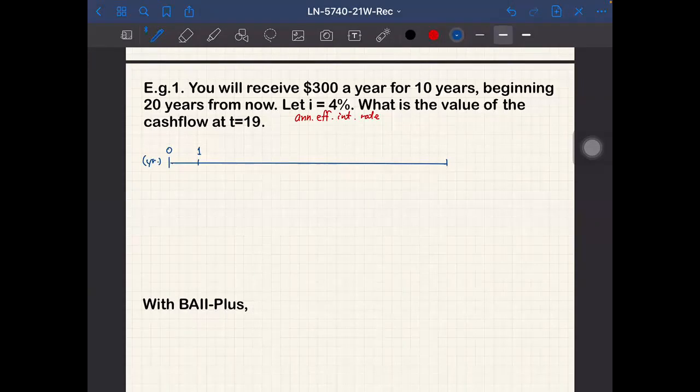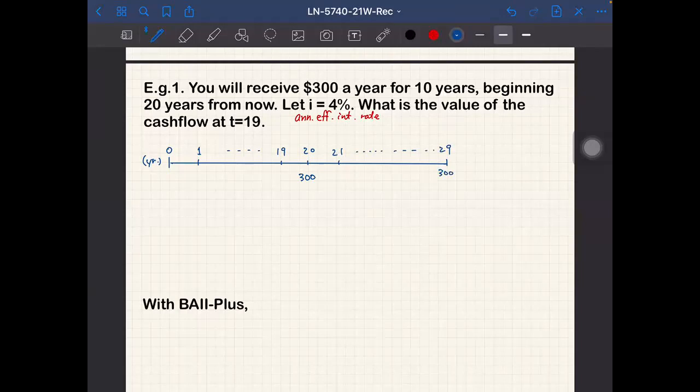So that means we have year 19, year 20, and at year 20 you would receive the $300. And the 10 years means 20 to 29. So this is the cash flow.